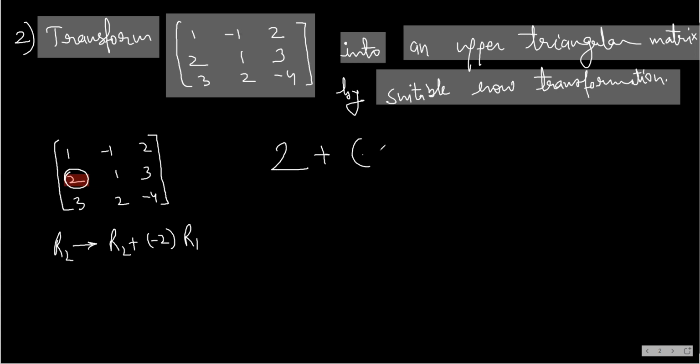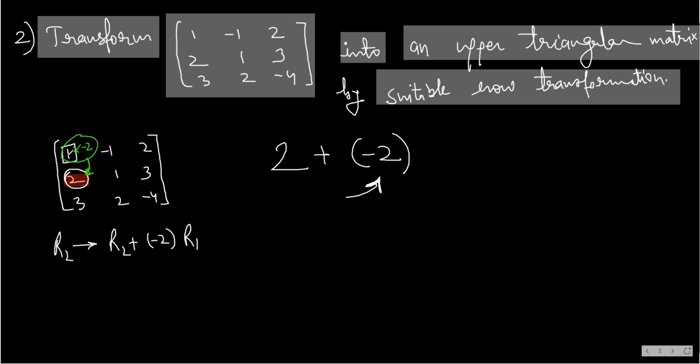Only when you add minus 2. And how do I get minus 2? See, it is 1. So if I multiply 1 by minus 2, it will become minus 2 and then I will add. So minus 2R1.